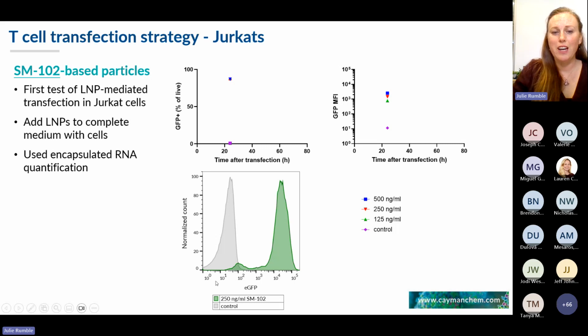The GFP intensity is on the x-axis, and that allows us to determine both the percentage of cells which are expressing GFP, as well as the intensity of the population.